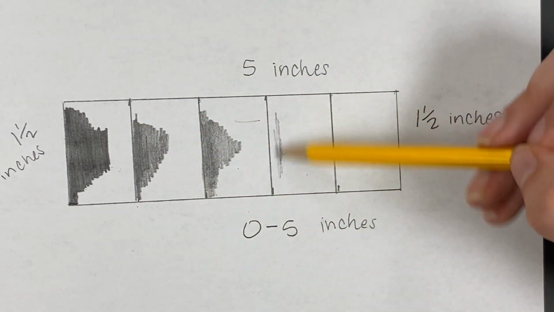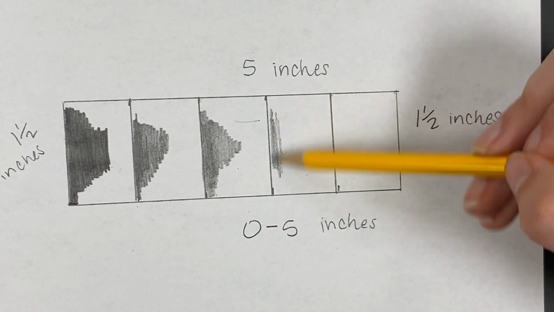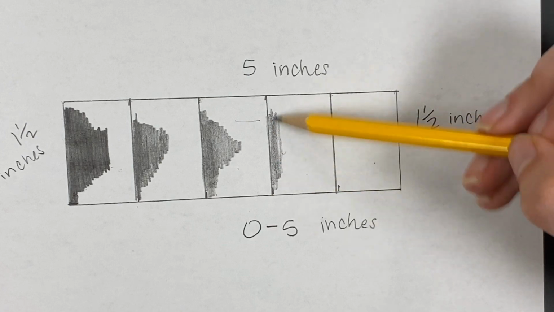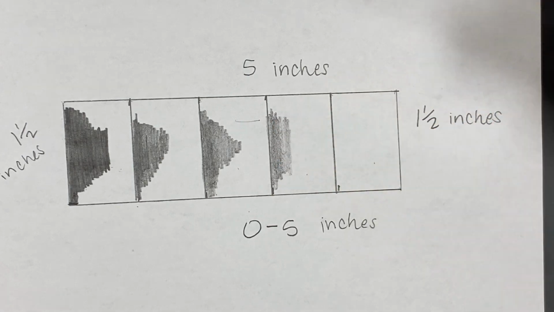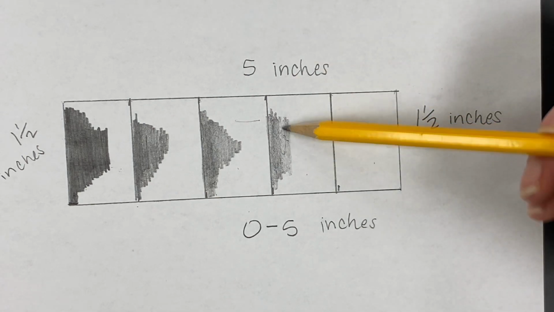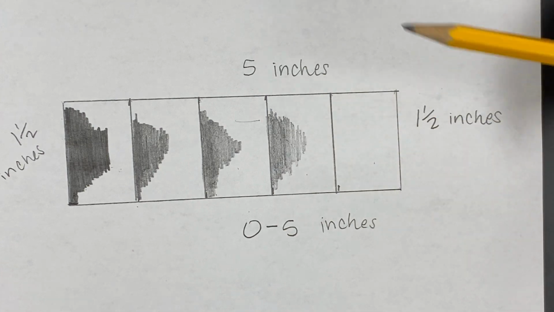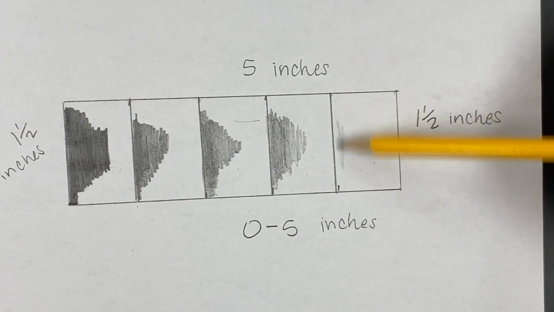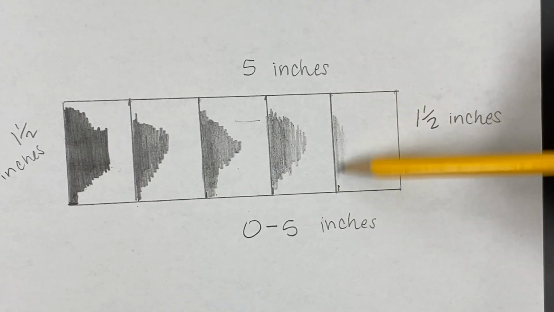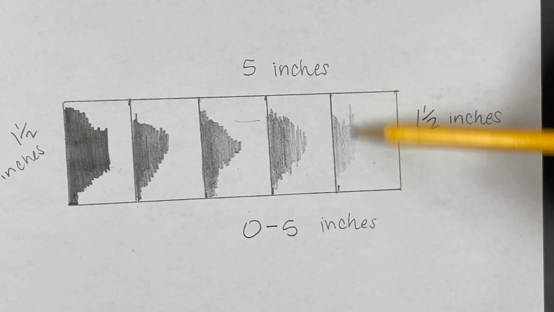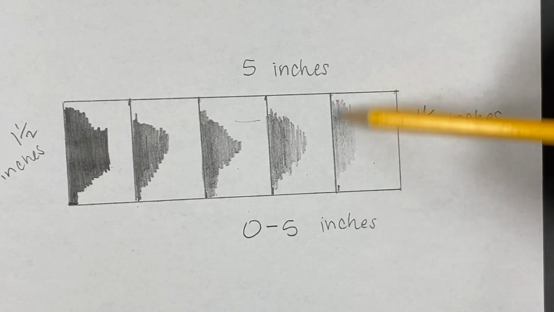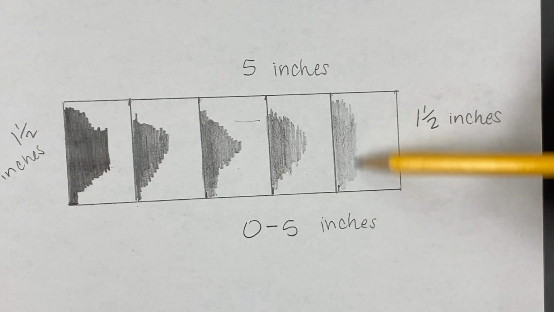This next one, I'm gonna bear down a little softer. If you see that, I'm using more of the side of my pencil now, so it's not quite as dark. And then on this one, I'm barely gonna touch my pencil to the box. Barely. I want it to be super, super light, okay?